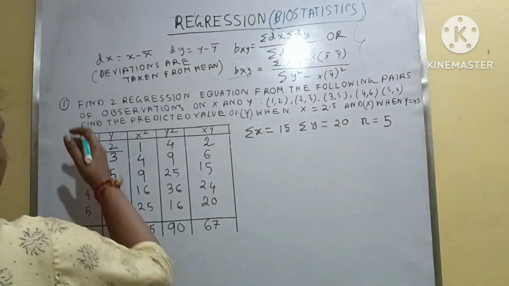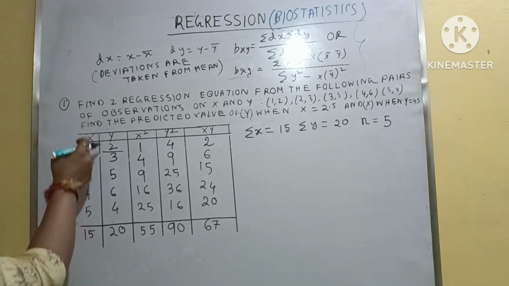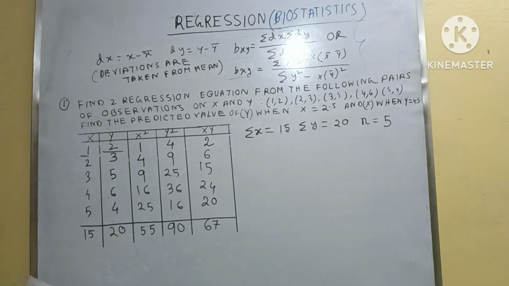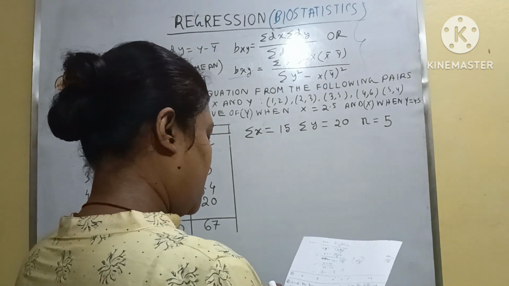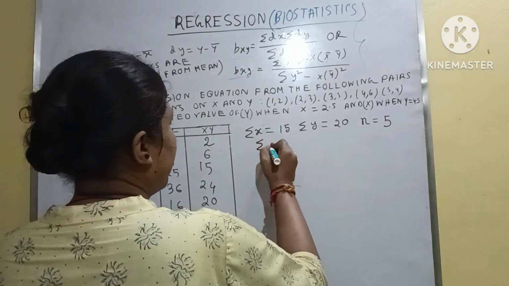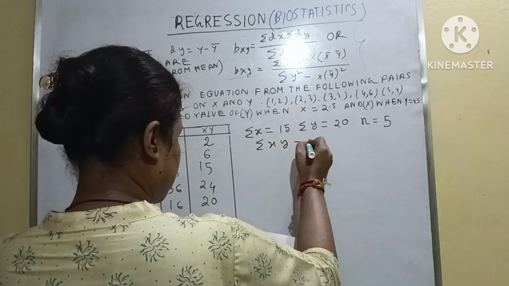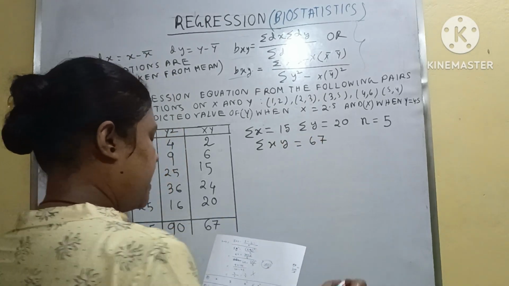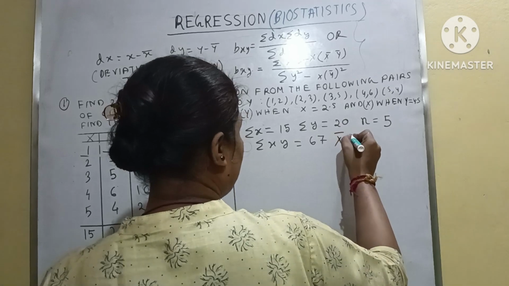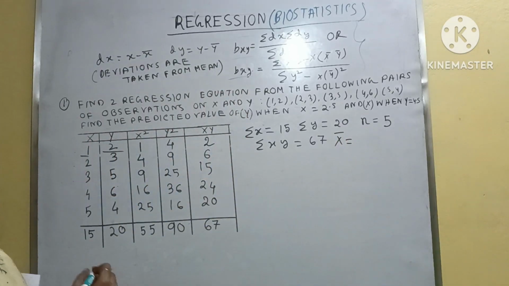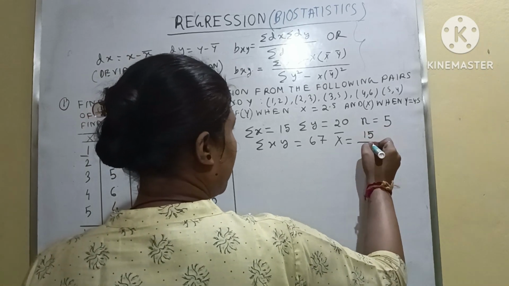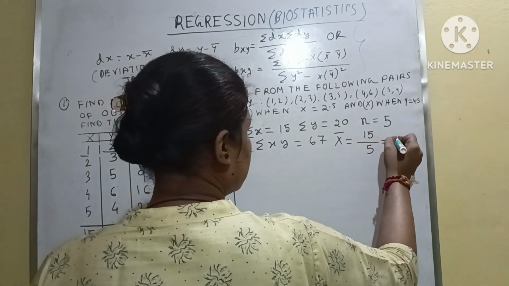That means 5 numbers are there in the x variable, and 5 numbers are there in the y variable. So the n value is 5. Summation of xy is 67. And obviously x bar, the mean value, is 15 by 5. So the answer is 3.